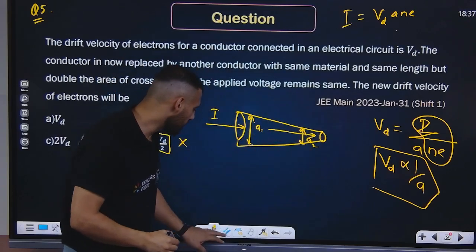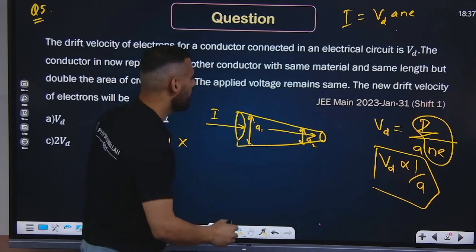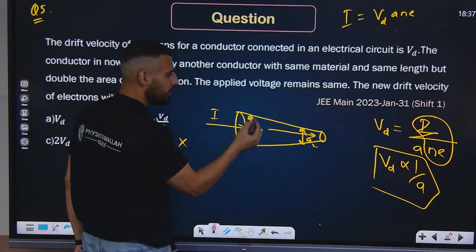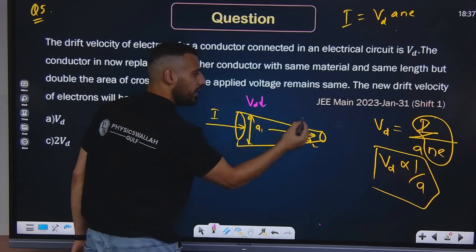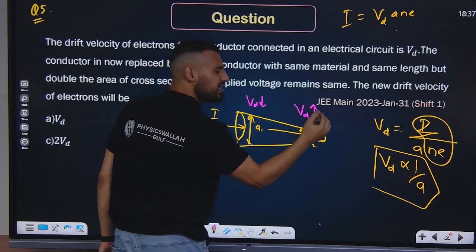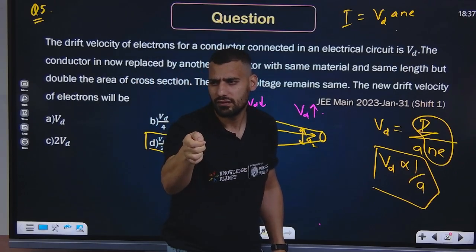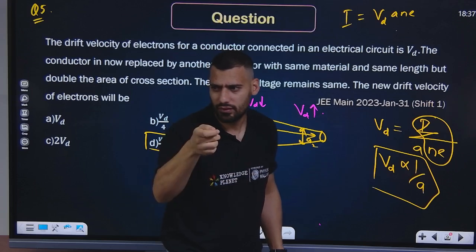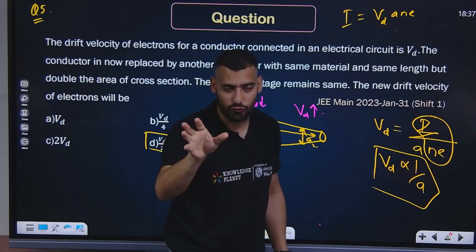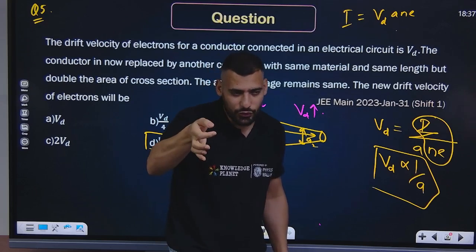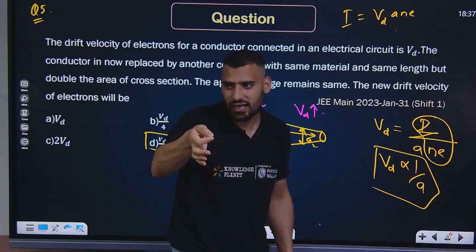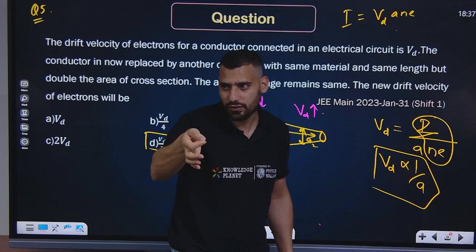Talking about the drift this time, here the area is more, so the drift will be less. This is similar to washing a car with the help of a pipe. Water is flowing through the pipe, but when you want to wash properly, you decrease the area at the nozzle, at the outlet, right?